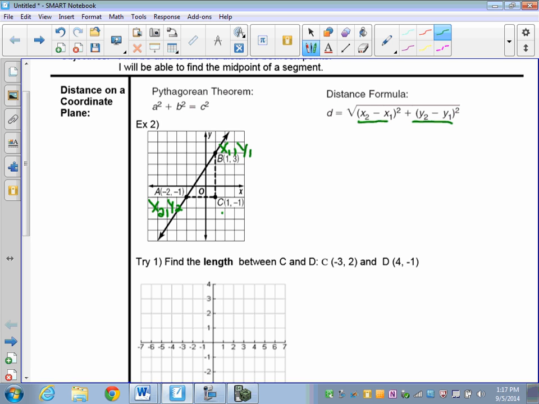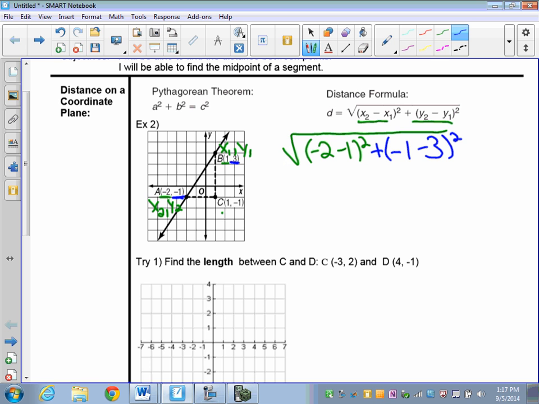So whenever I substitute that in, I'm going to get negative 2 minus 1 squared. That's x2 and x1, plus y2, negative 1 minus 3 squared. Again, that's y2 and y1.